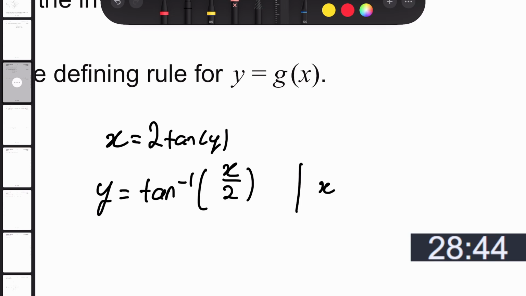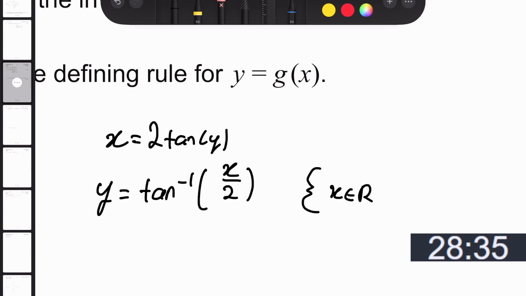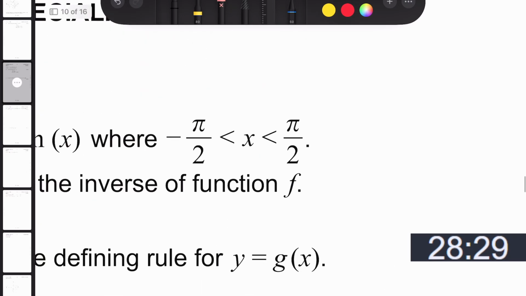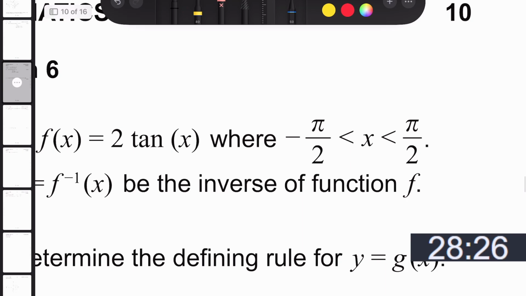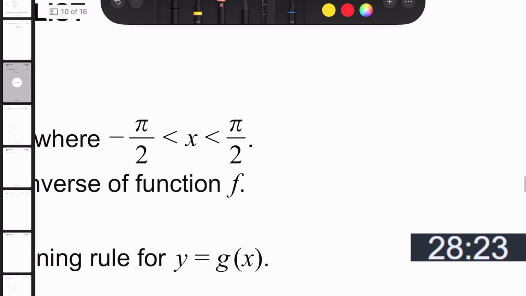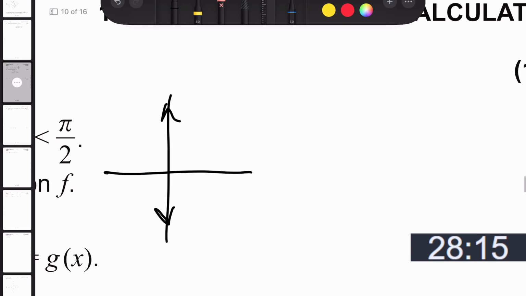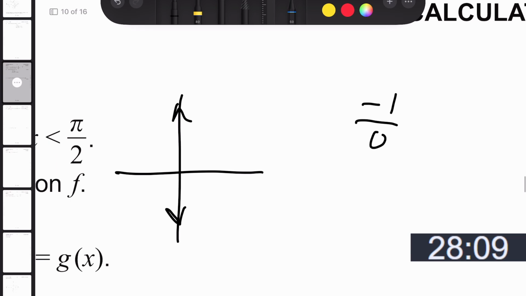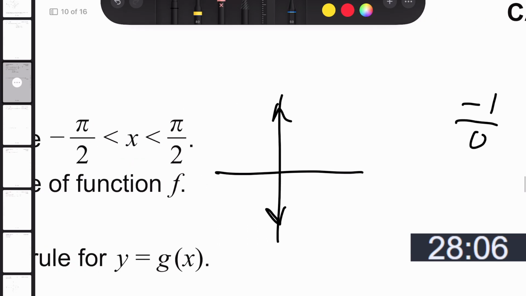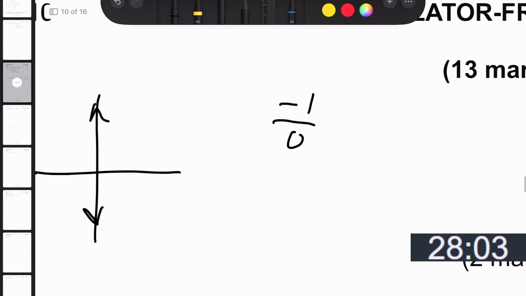Given that x is a part of the reals, I think that's legit. Negative pi on 2 to pi on 2.